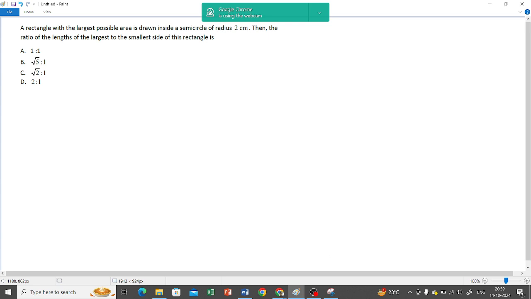So how to frame it? Step 1 is you have to create an equation of the quantity that you need to maximize or minimize, and that equation will contain one constant which will be given in the question and a variable. Remember, there will be only one variable, okay?